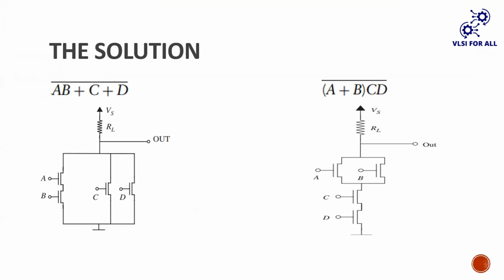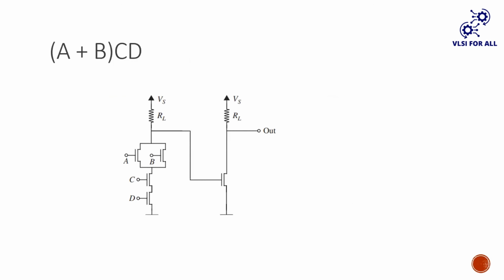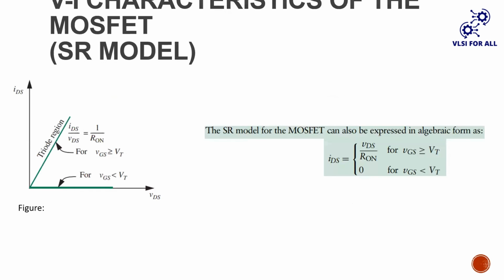The homework for you is that in the next class you need to come with how the PMOS 2-input NAND gate and 2-input NOR gate look, and with respect to these expressions as well: AB plus C plus D whole bar, and (A plus B) into CD whole bar. I want the PMOS structures because in the next class we are entering into CMOS.